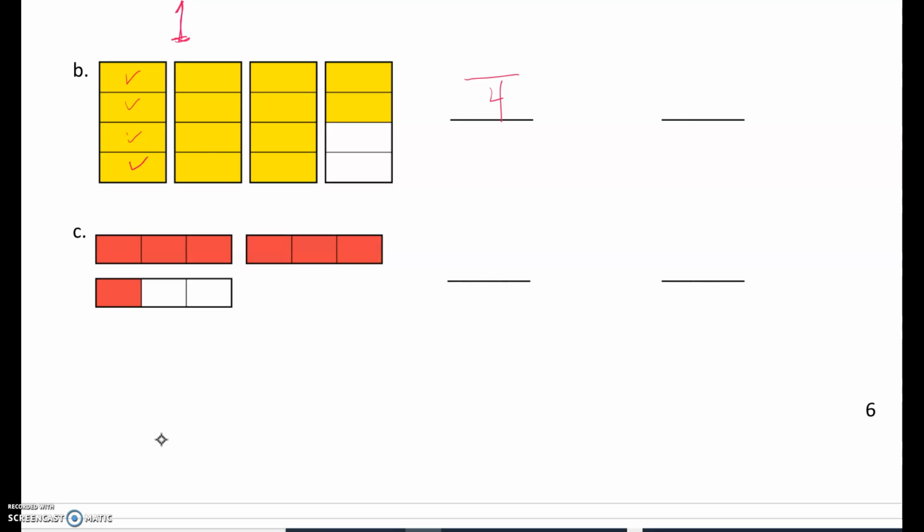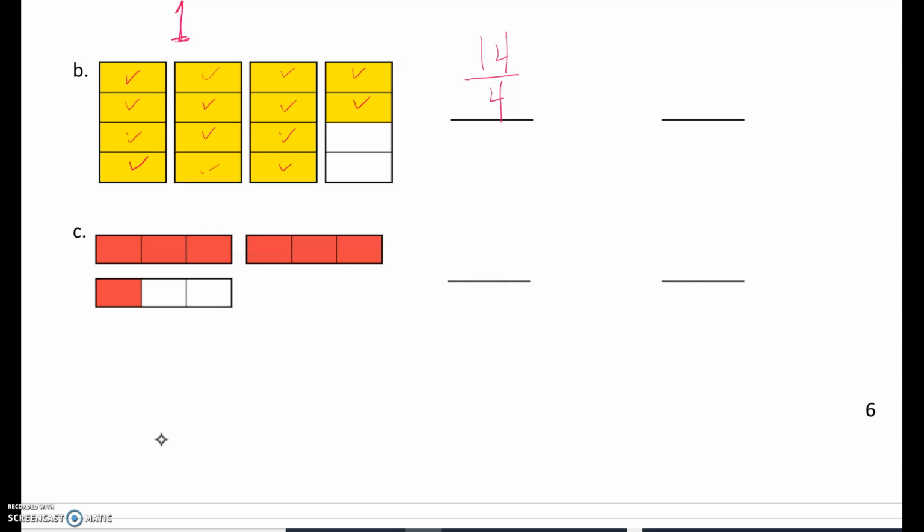How many total shaded parts do I have? Well, I have 4 here, 5, 6, 7, 8, 9, 10, 11, 12, 13, and 14. So 14 total shaded parts, and I'm breaking it up into 4s.